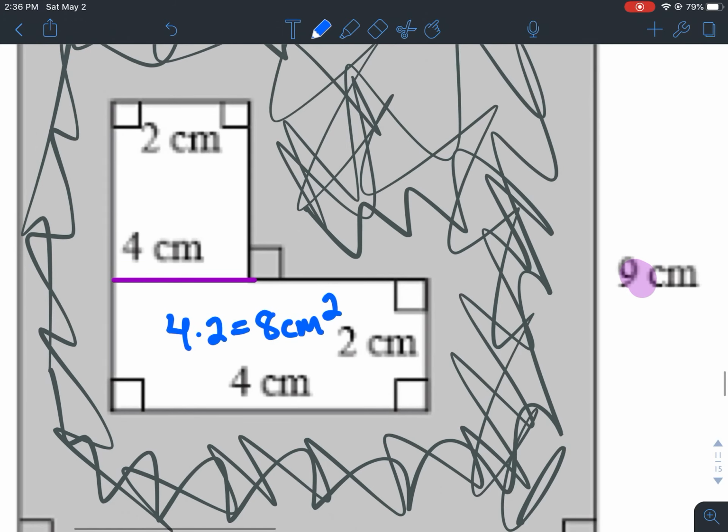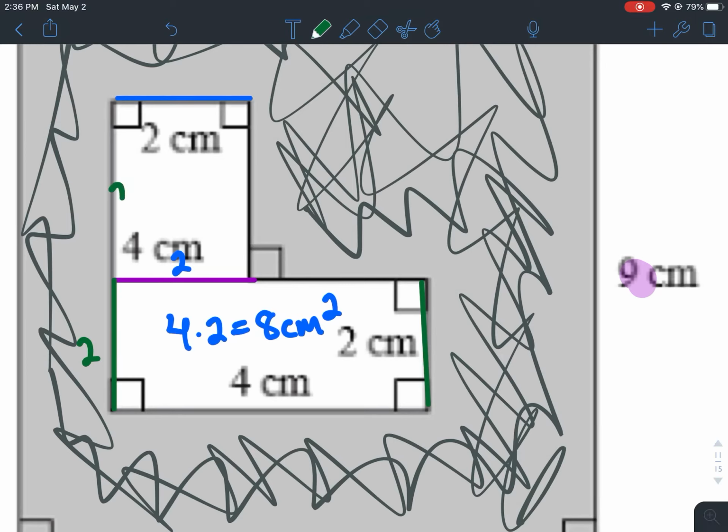And then if you want to find the area for this top rectangle there, so let's see. If we know that this length is 2, then we also know that this length is 2, because, again, opposite sides are the same.